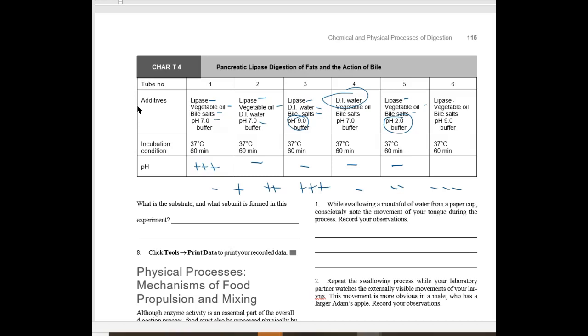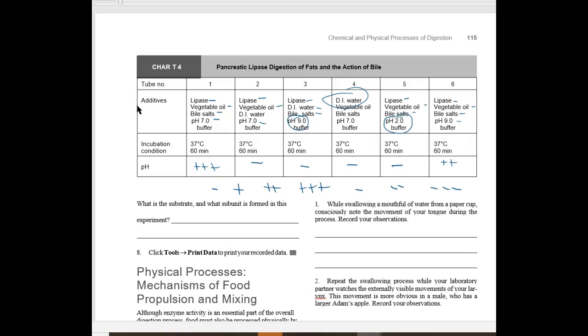Then here, you've got enzyme, you've got substrate, you've got bile salts. Your pH is off a little bit, but you should see some drop in the pH because at a pH of 9, the lipase in this case still should have some activity. And I will point out, I'm not entirely certain why, but I think I know why. Most of the time, a drop in pH will alter the enzyme's activity more than a rise in pH.